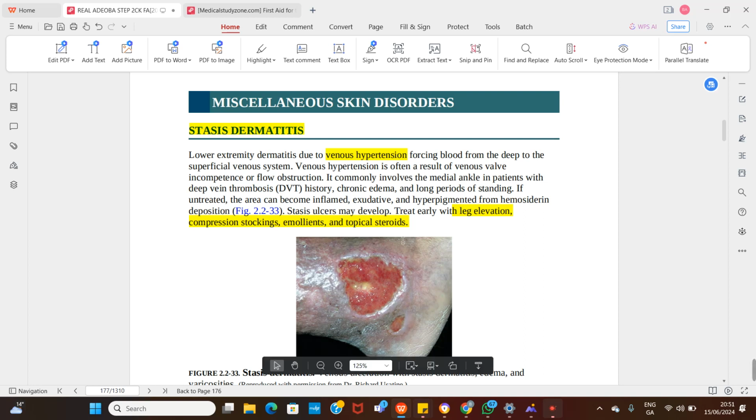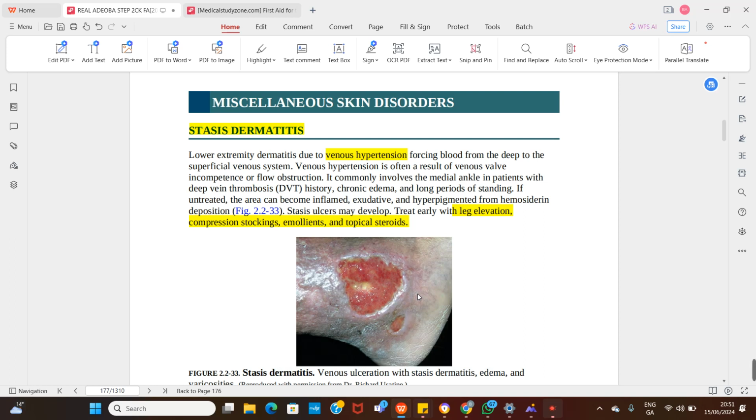That's what we see. So once you see this dry eczematous, that's how it's going to be described for you in the question stem. A dry eczematous lesion, which might be pruritic, located above the medial part of the ankle. That is the commonest site of venous dermatitis.